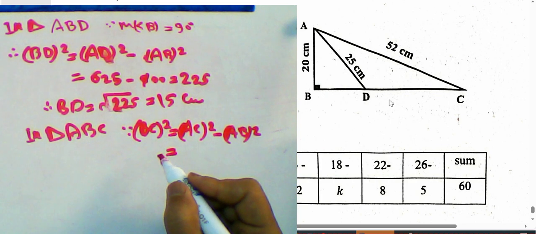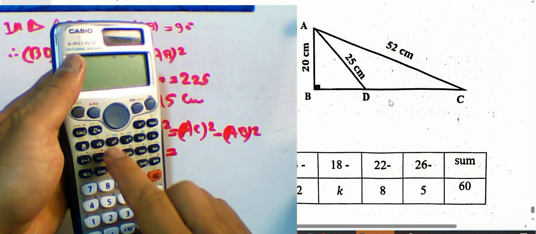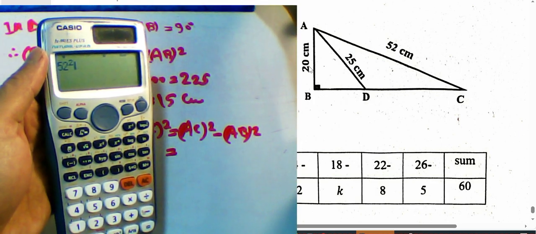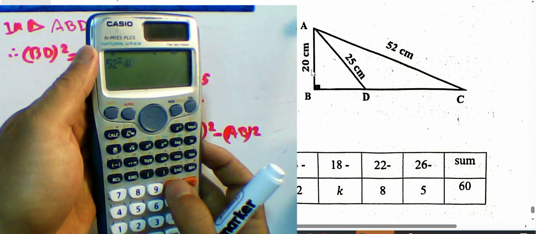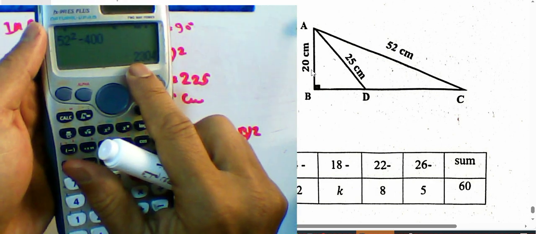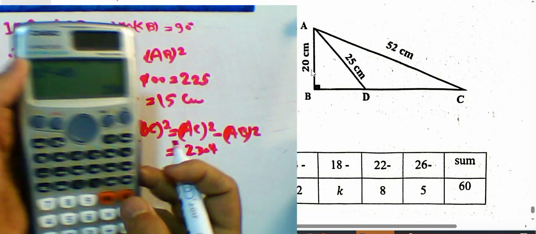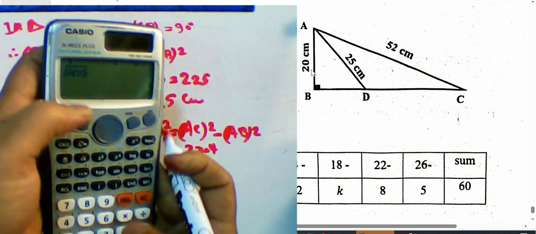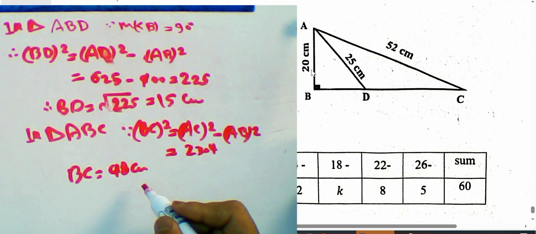AC is 52, so 52 power 2, subtract AB power 2, 20 power 2 will be 400. Subtract 400, it will be 2304. And then we can find the square root of the answer. It will be 48. Then BC equals 48 centimeters.